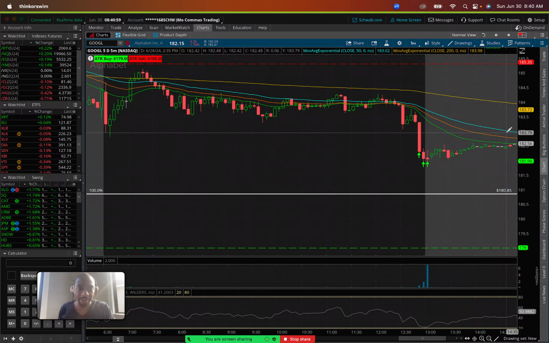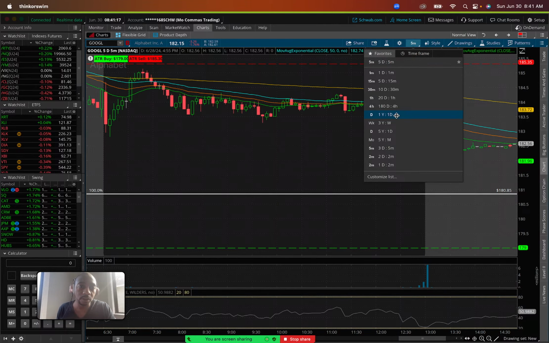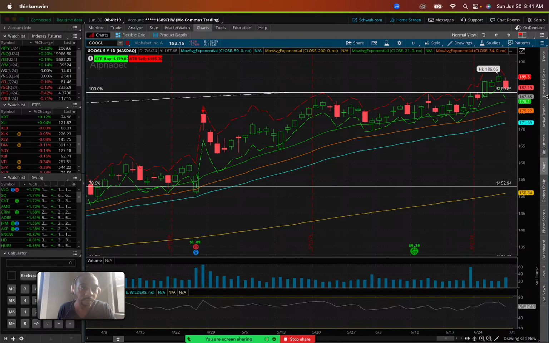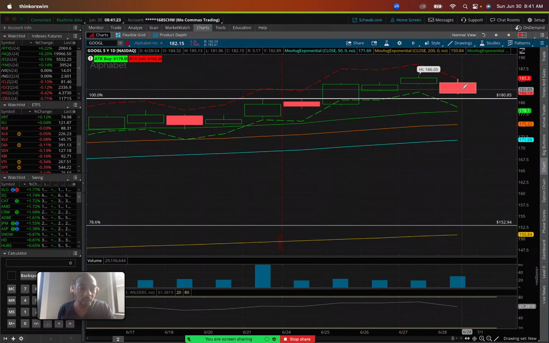But a really good indicator to see for that particular day if something is likely going to keep going up is whether or not we are above the prior session close. So if you go to a day chart and zoom in here, this was from Friday.